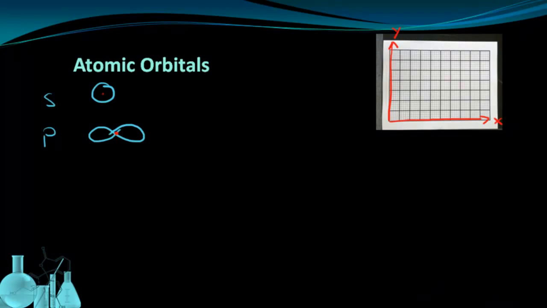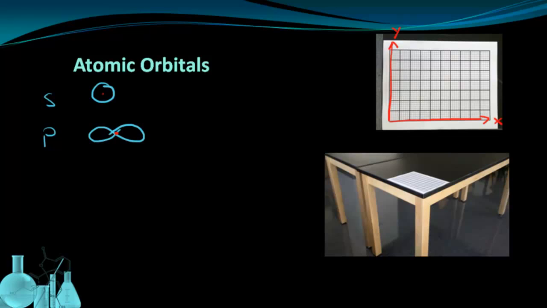But if we take a step back from this for a second, we're going to see that this piece of graph paper is actually sitting on a 3-dimensional object, this table. Now the coordinate system we set up for this piece of graph paper is still applicable. We can still say that this dimension is our y-axis, and we can still say that this one is our x-axis.